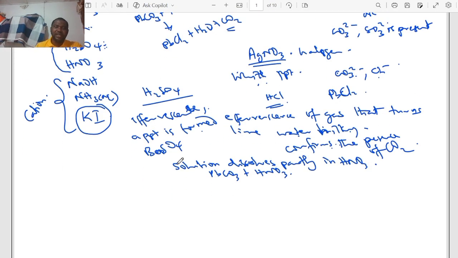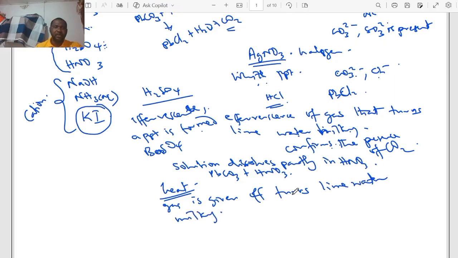The next thing is that you might be asked to heat the solution. If you heat the solution, of course, a gas is given off, and that gas turns lime water milky. You can see that. So that's the effect of heat.